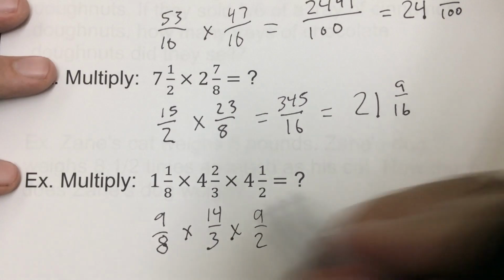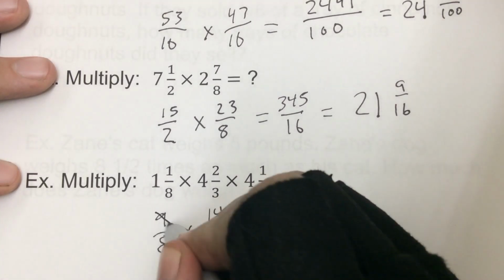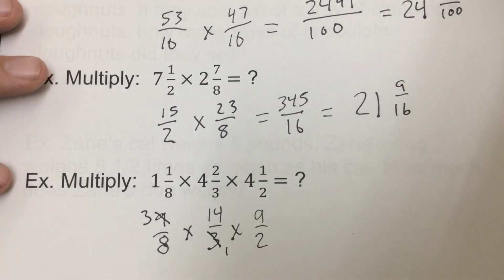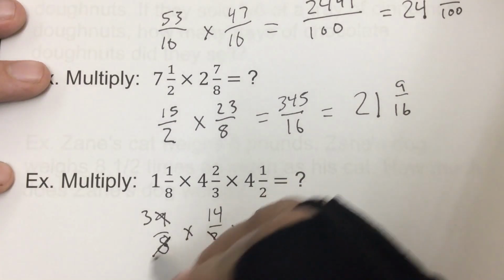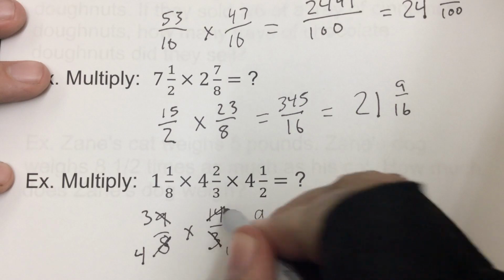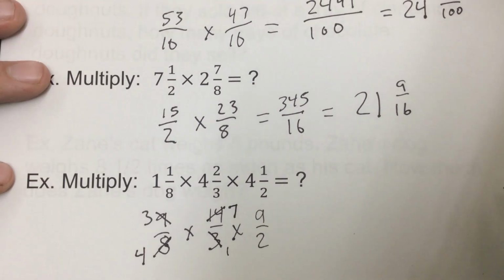So we can start reducing here. So 3 divided by 3 is 1, 9 divided by 3 is 3. 8 we could divide by 2 and get 4, just like the 7 could divide by 2 and get 7. And that's going to be as far as we could go with this.